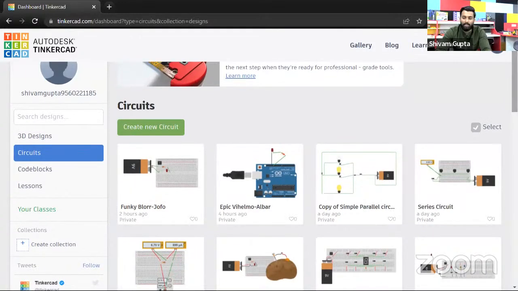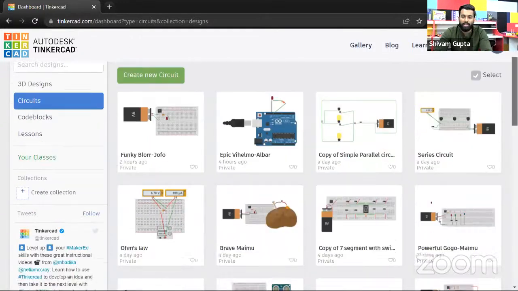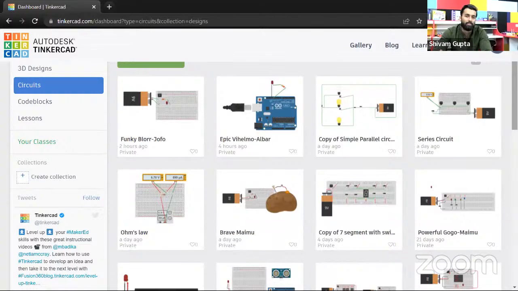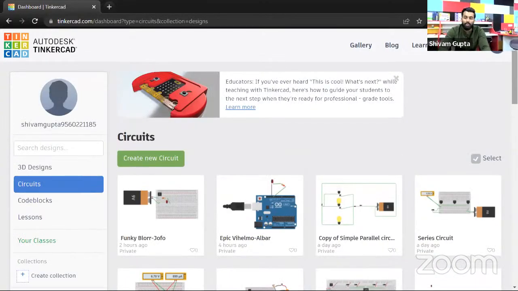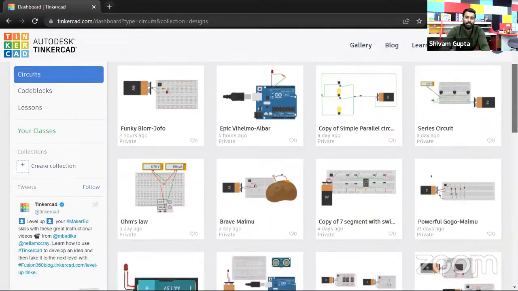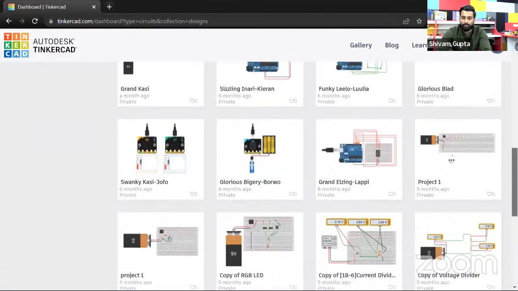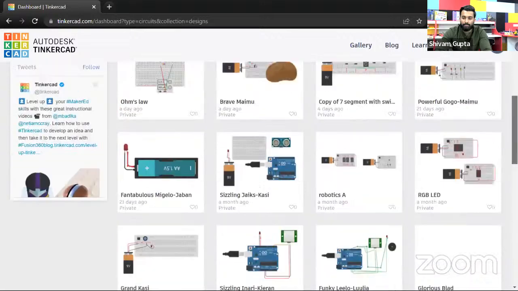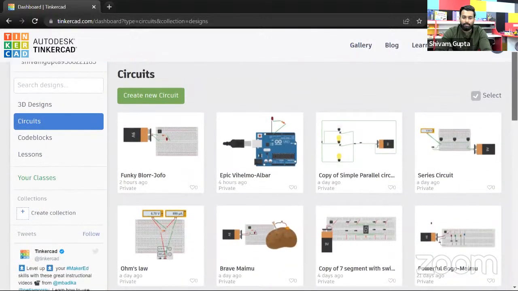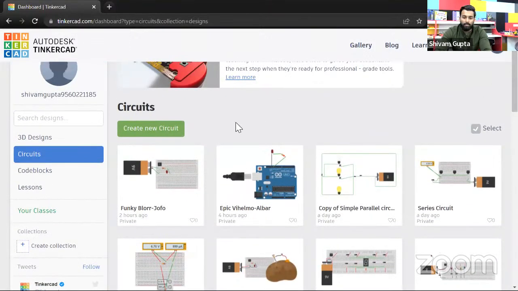And here you can see there are so many circuits that I have already made. If you are a new user, in your screen these circuits will not be there. But don't worry, when you start making your own circuit, your circuit will be displayed in a similar way to how it is showing on my screen. So now let's click on create new circuit to make a new circuit.